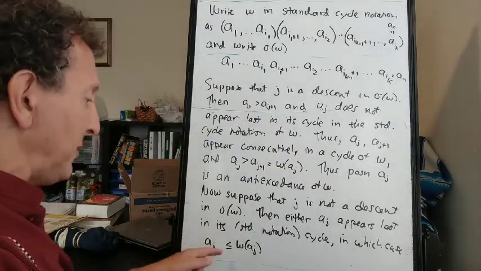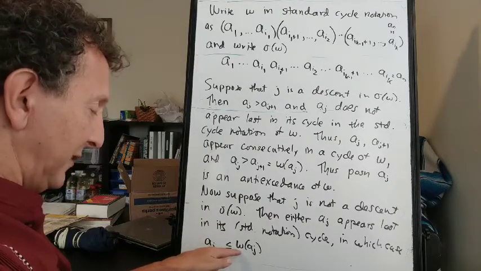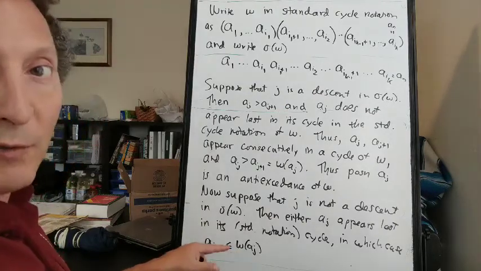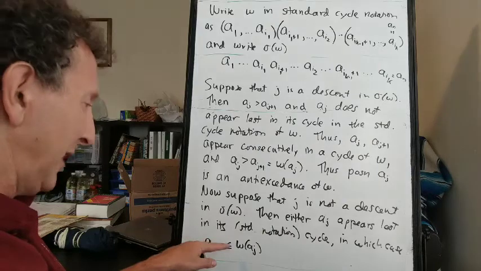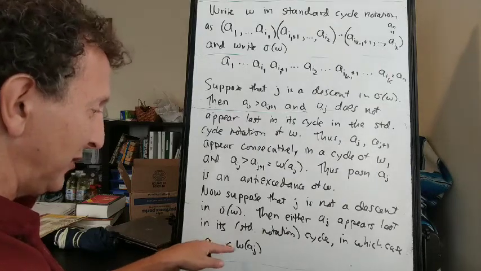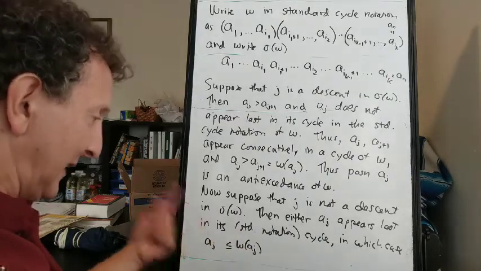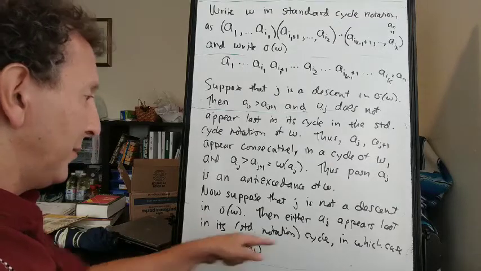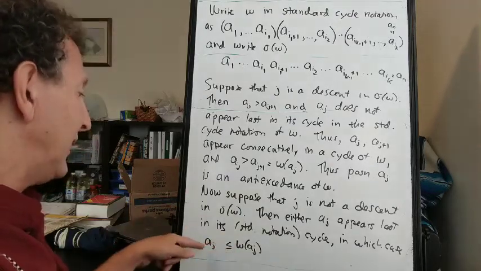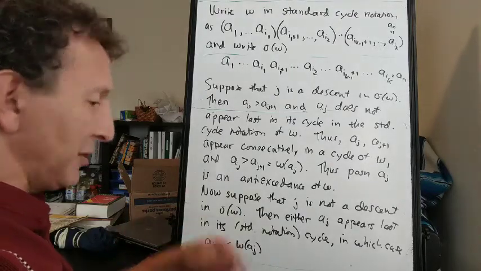Most of the time it's going to be less than the first element in its cycle, but if we have a one element cycle to begin with, then we have equality, because AJ is W of AJ. So if it comes last in the cycle, AJ is definitely less than or equal to W of AJ.